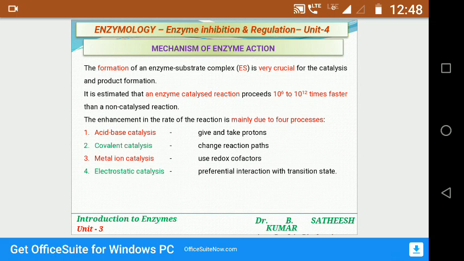They accept protons and they donate protons also. In this way, they convert the reactants to their transition states by the acid base catalysis mechanism.